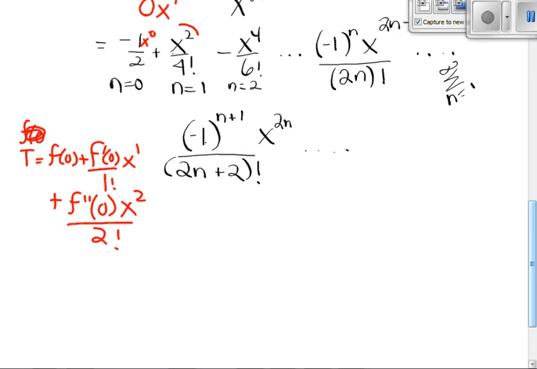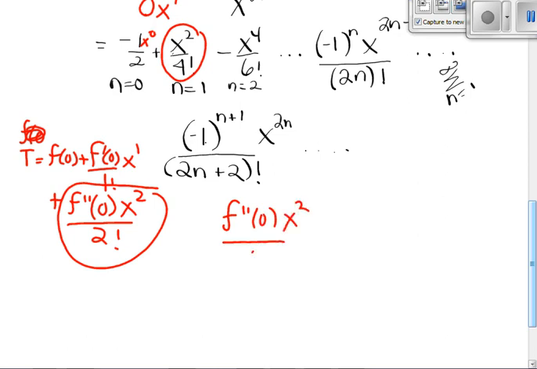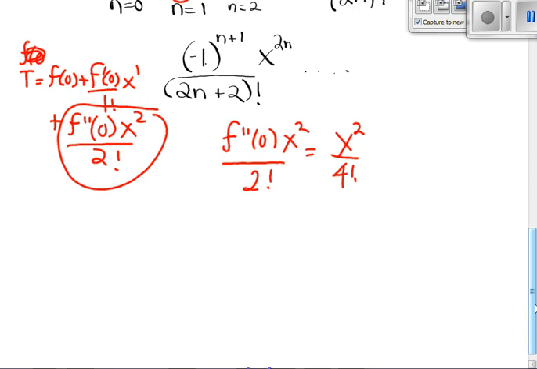So looking at this term, that's this one. So f double prime of 0 times x squared over 2 factorial equals x squared over 4 factorial. What will happen to the x squareds? I mean, that's the easiest way to do it. Just blindly substituting in, the x squareds go.